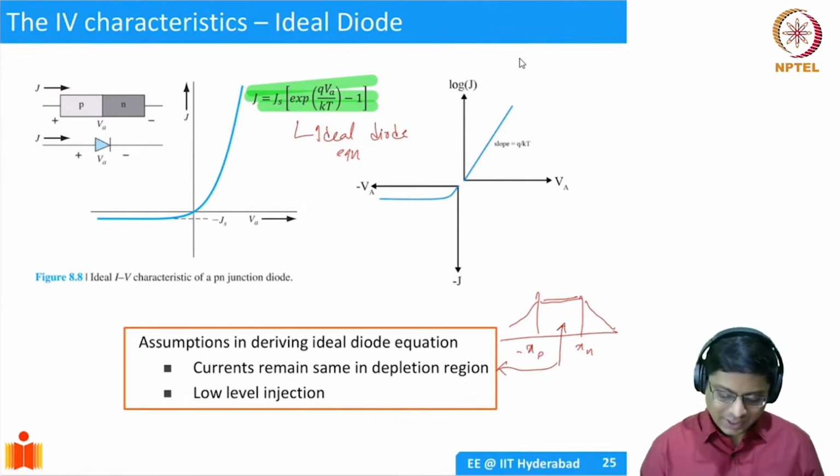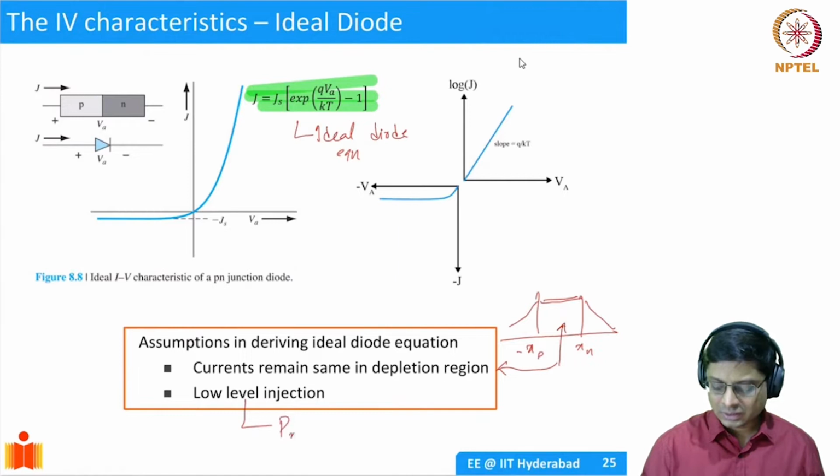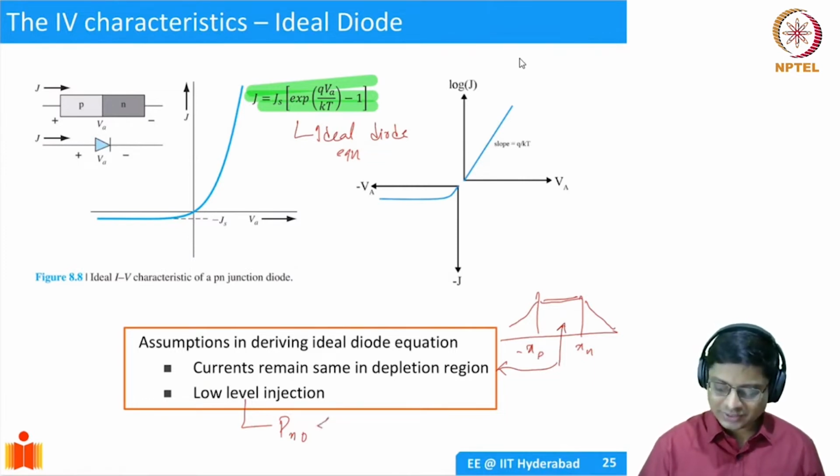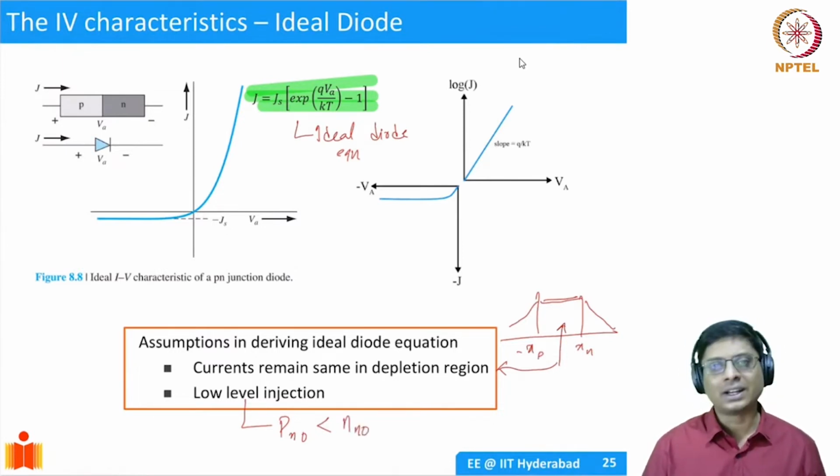Also, we assumed low-level injection, by which we mean, let's say you're injecting holes into the N-type semiconductor. The injected excess carriers are still going to be less than the majority carriers, n naught, which means electrons in the N-type semiconductor at equilibrium.